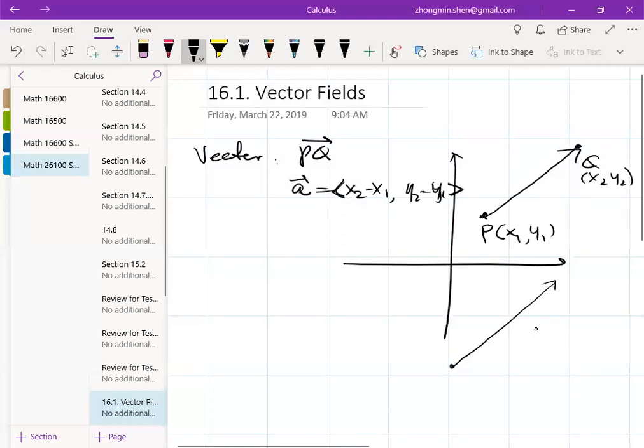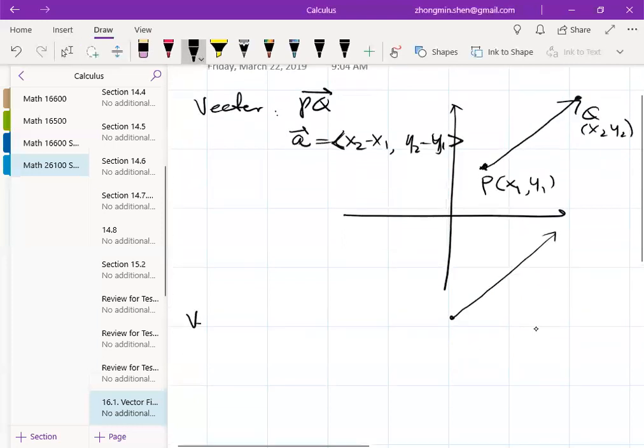Now we're talking about vector fields. Vector fields on R2.